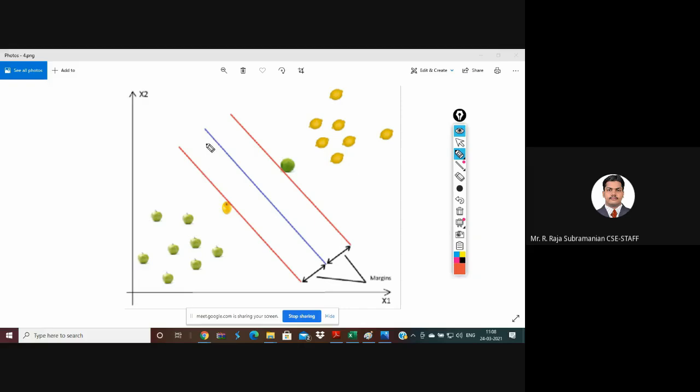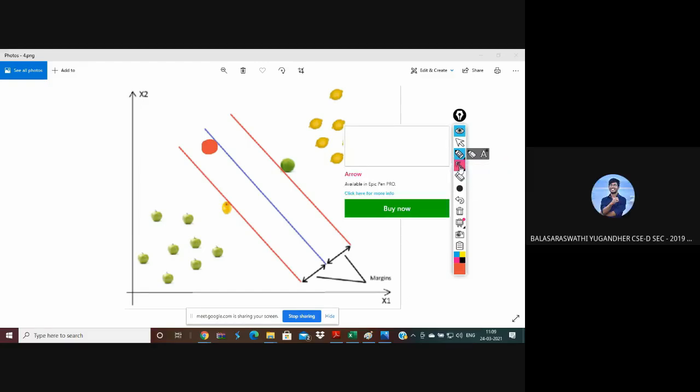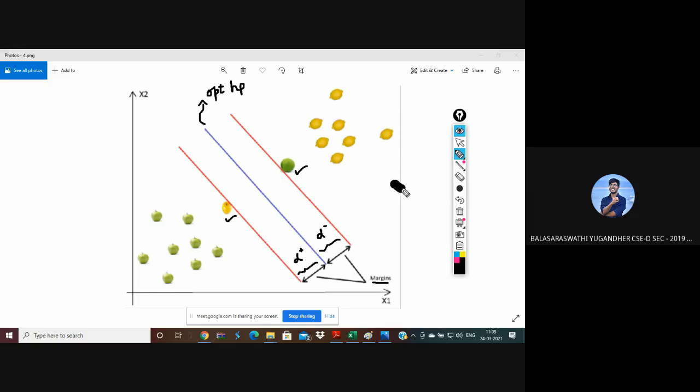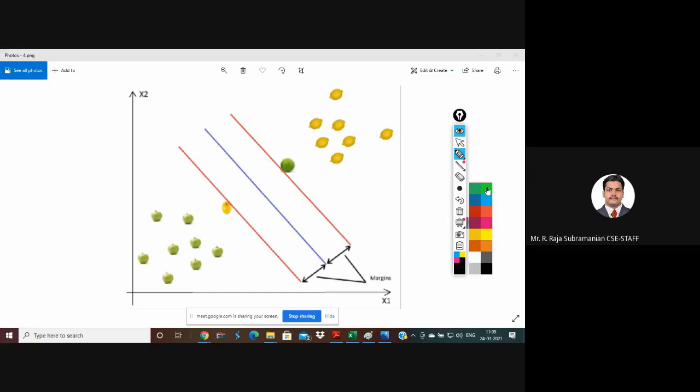Why is the pen thickness increased? Big gap. Oh, the point is increased. Yes, I draw an apple over here.